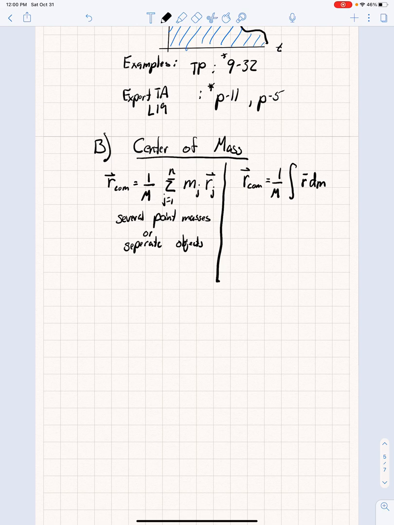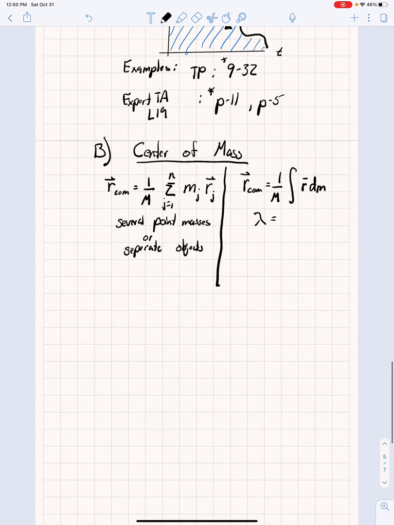Now, when you do this, integrating over mass is not easy. We don't typically do it. We integrate over dimensions, over volumes. And so if you do this, don't forget that we need to substitute using density. That density will be how we transition from integrating over mass to integrating over volume.